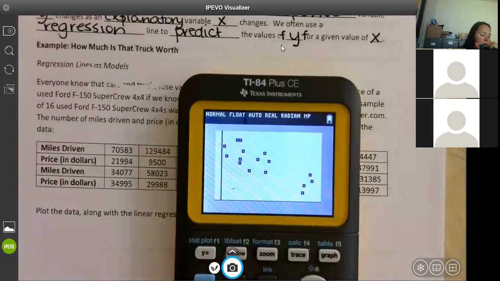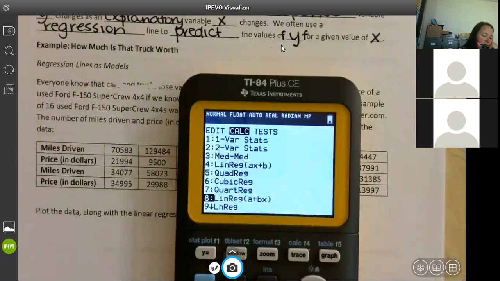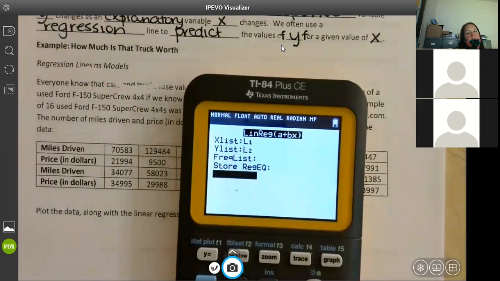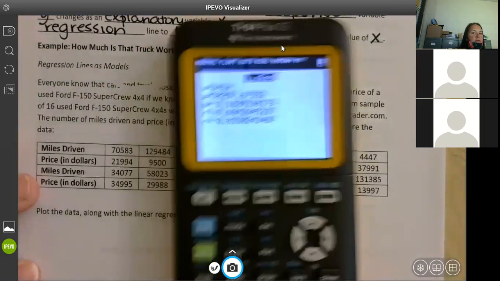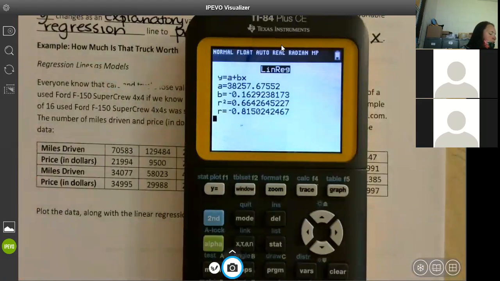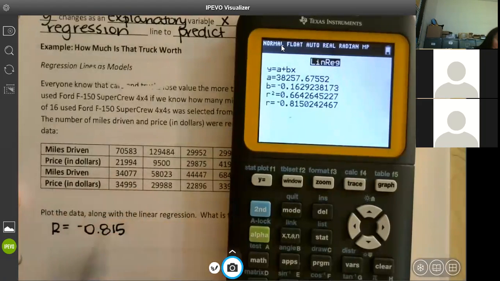Okay. All right. So going back, stat calc, you guys were here. So plot the data, we did that along with the linear regression. So here's your correlation. What is your correlation? Negative 0.81. And I'm gonna go ahead and go 3 decimal places.